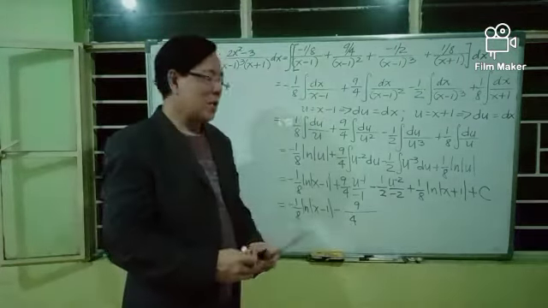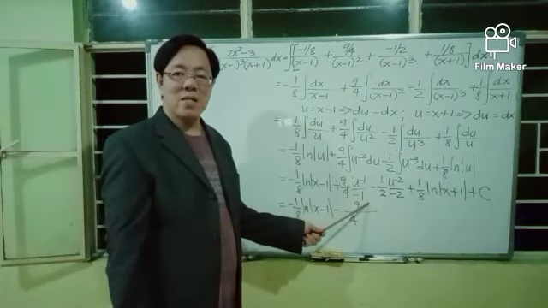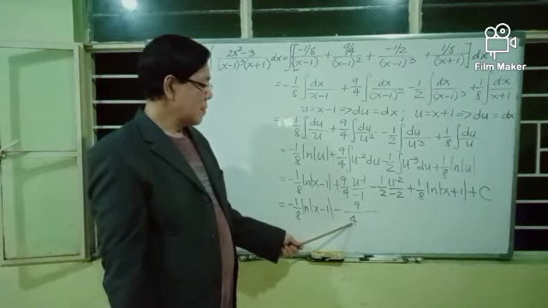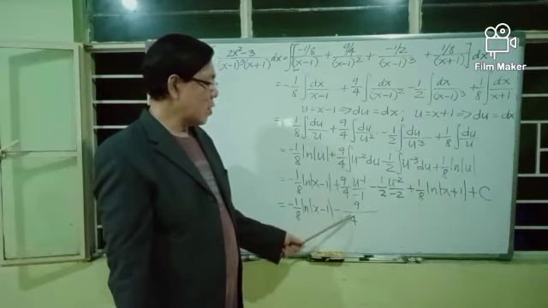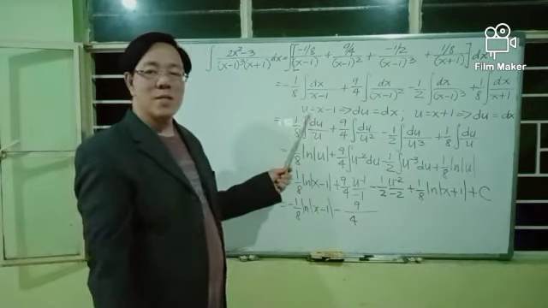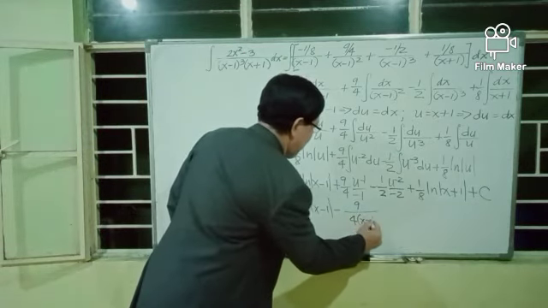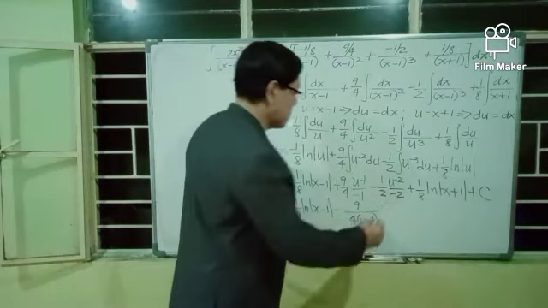If we bring u to the negative 1 in the denominator, that will be u to the positive 1, or u multiplied by 4. So we get 4u, negative 9 over 4u, but u equals x minus 1. Negative times negative is positive.